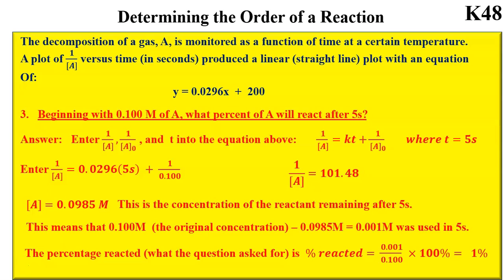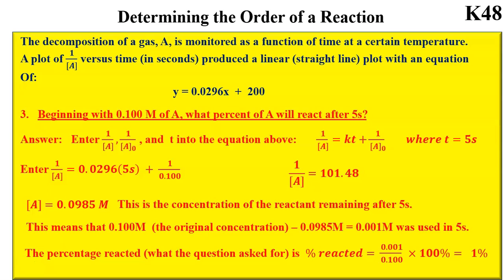Again, the rate constant K is 0.296. The initial concentration is whatever the problem gives you. It's not the 200. The 200 is just simply an intercept for that line. But you go ahead and you place the initial concentration that specific question is asking for, not the generic number that's there, which is a 200.